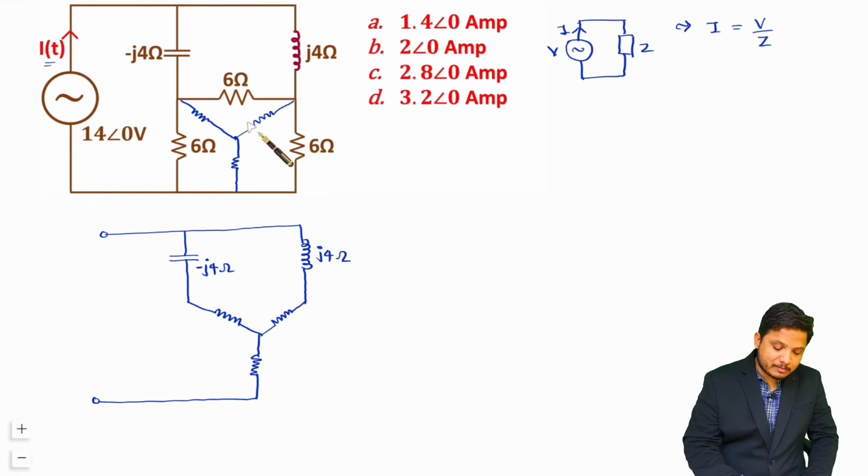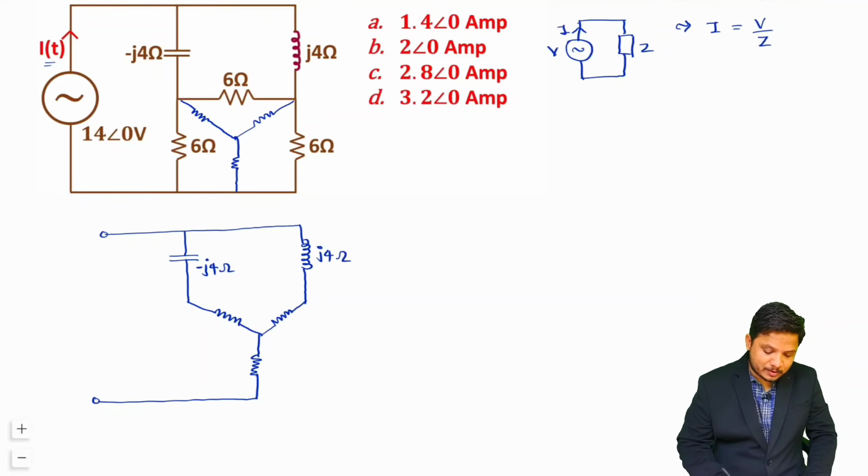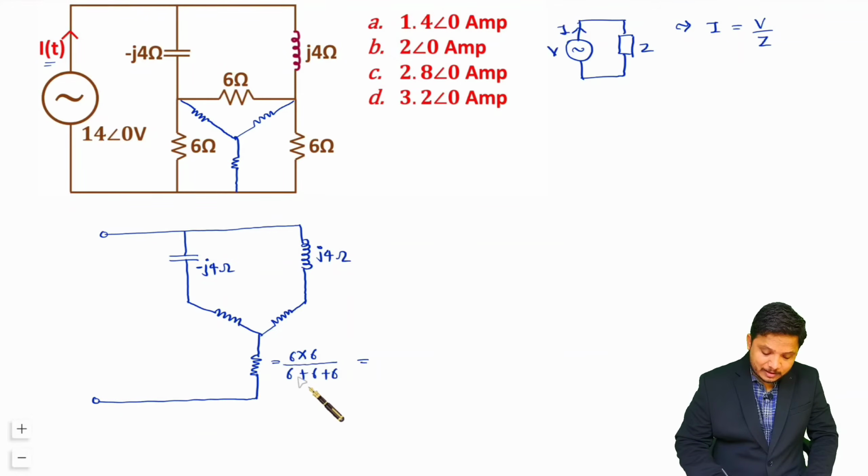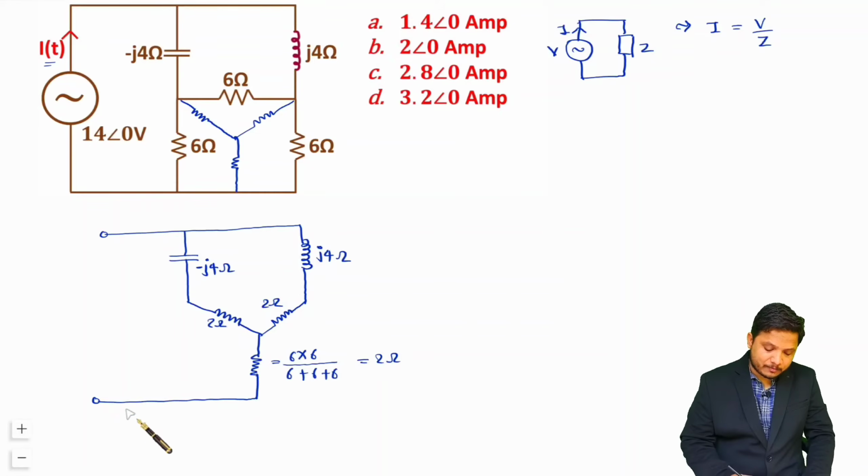Similarly this resistance is the multiplication of these two resistances divided by the algebraic sum of all three resistances. But as all the values are the same, you just need to find one resistor only. So the value of this resistance is 6 times 6 divided by 6 plus 6 plus 6. So that is 36 by 18, meaning 2 ohm. So I can say these three resistors are of 2 ohm, right.